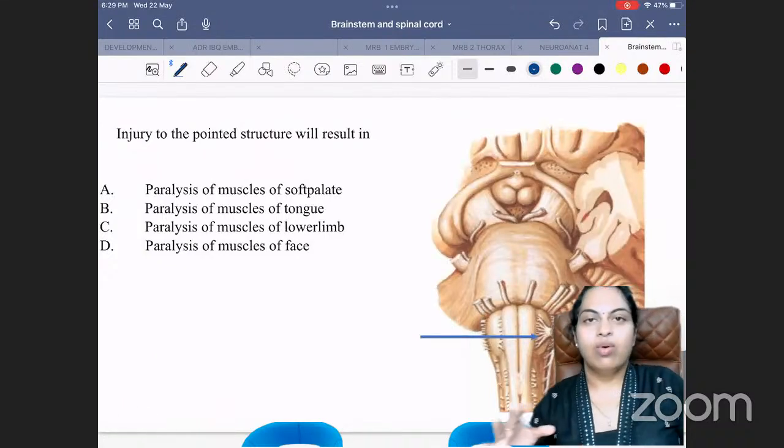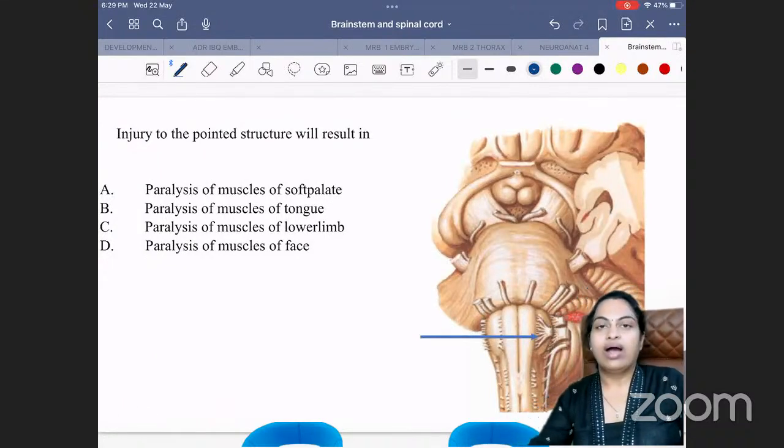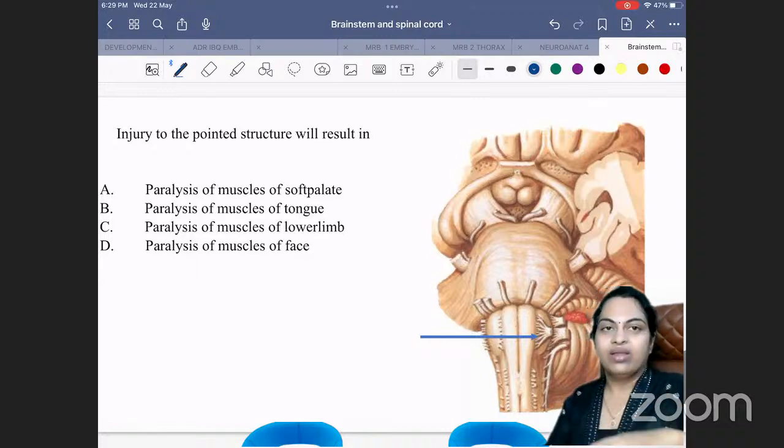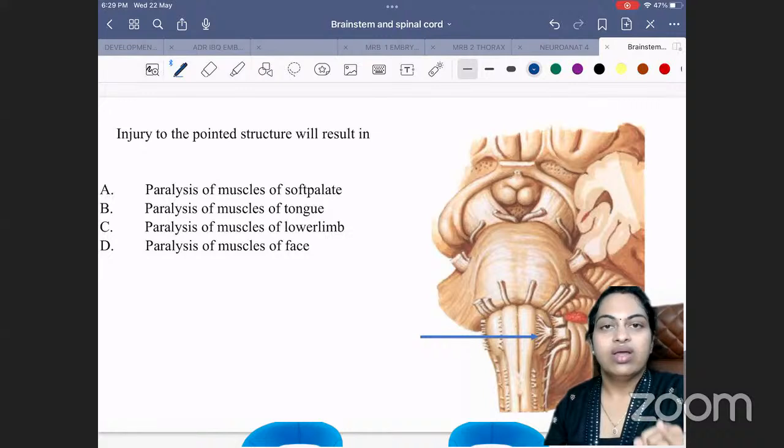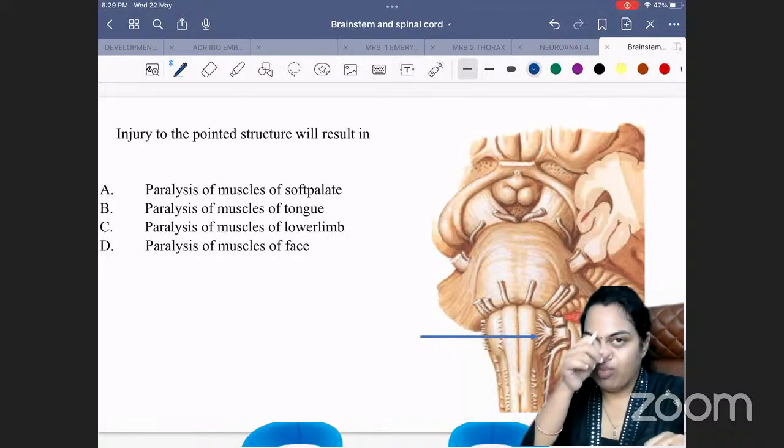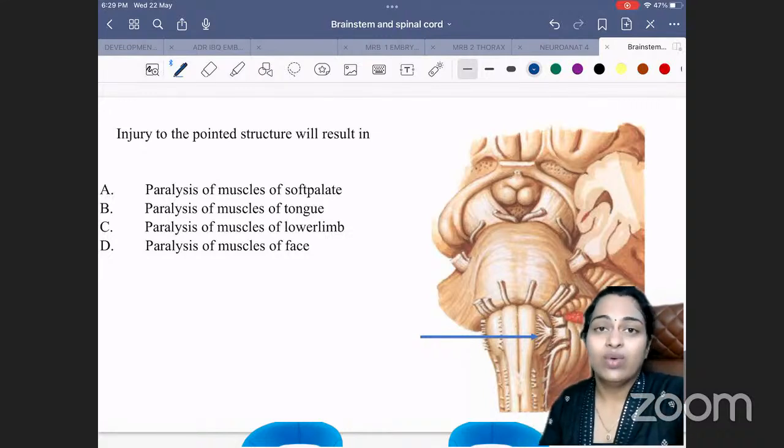So that is all about the spinal cord that I wanted to highlight to you. The tracts are important, and the blood supply of the spinal cord is important. Spotter-wise, spinal cord will definitely be kept, and the questions are standard ones. Whatever we discuss only will be there.